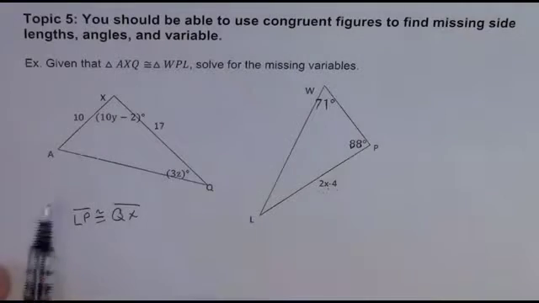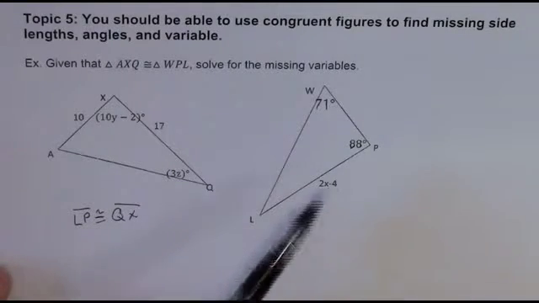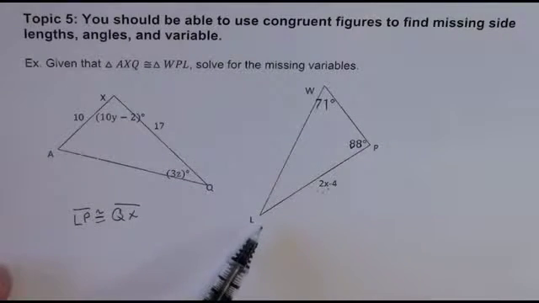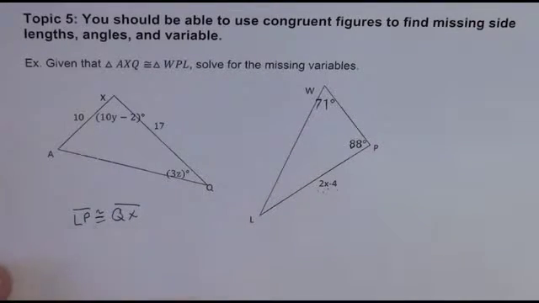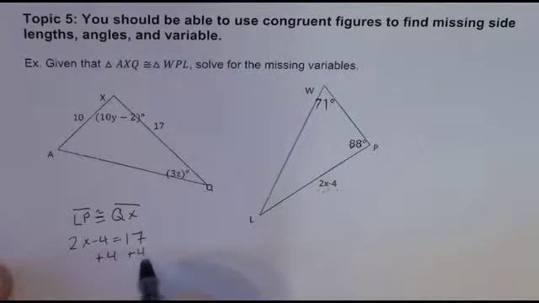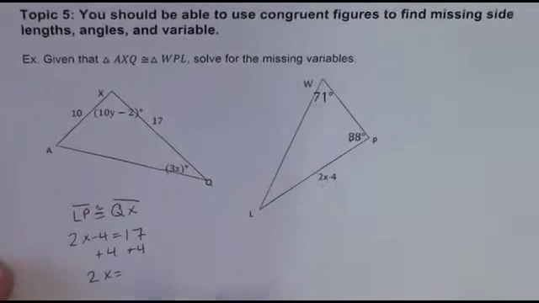So the initial reaction that AQ was congruent to LP is actually wrong. LP is congruent to QX. And if they're congruent, that means they have equal length, which means 2x minus 4 is actually equal to 17, and we can solve. So add 4 to both sides. 2x equals 21.